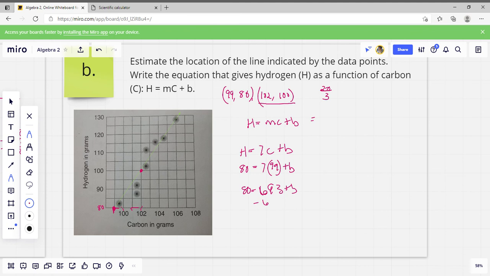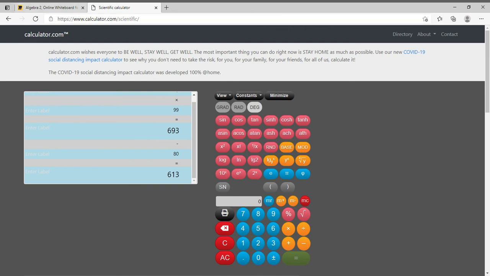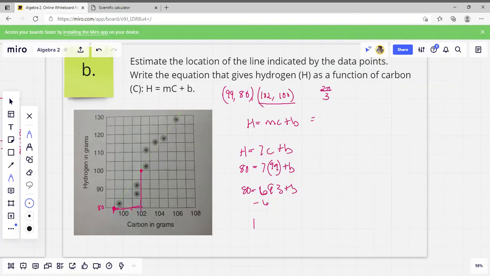Okay. So I think that I've got my line off a little bit, but either way, the book's answer, so my answer would be, what was that? 613. My answer would be H equals 7C plus, no, minus, or something like that.